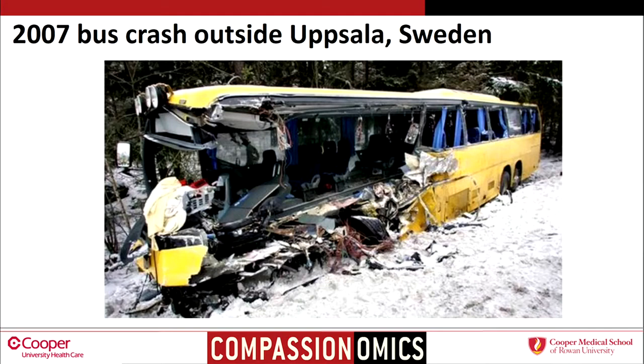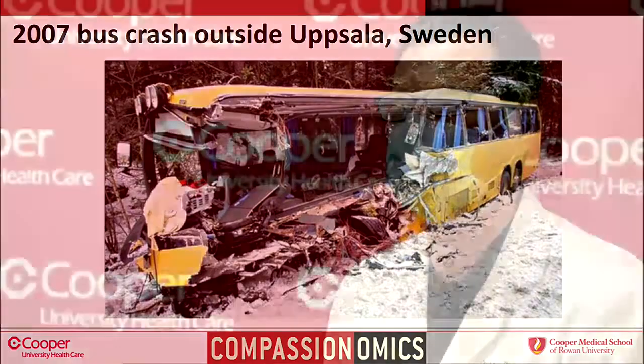But the other theme, a lack of compassion from the caregivers at the hospital. And what's even more striking is when you read the methodology of this paper and you realize that the victims were taken to multiple different trauma centers, but they had the same experience.